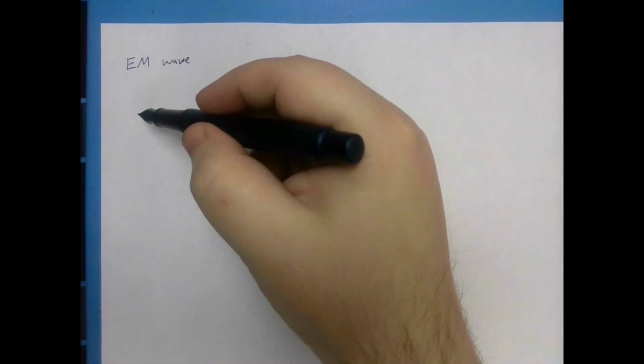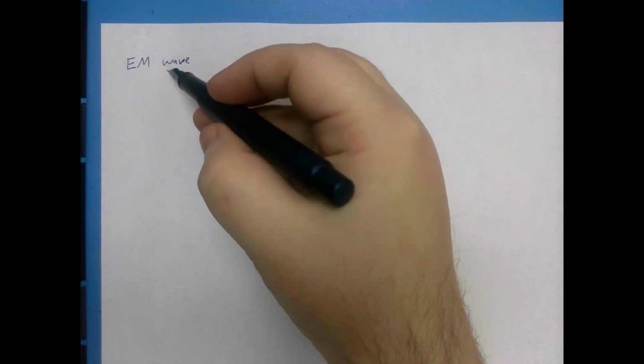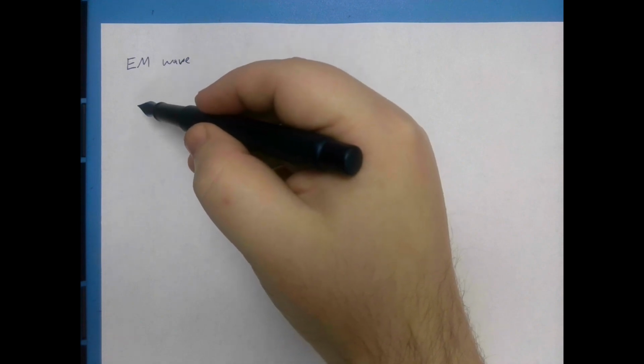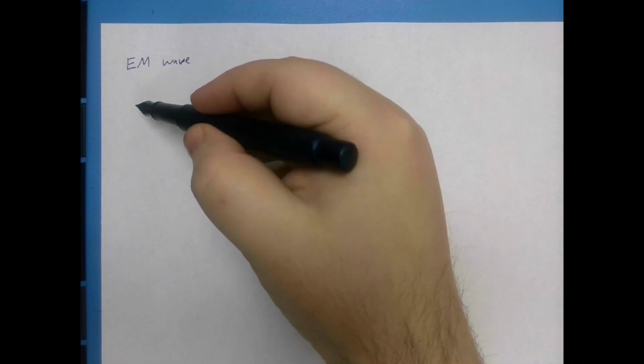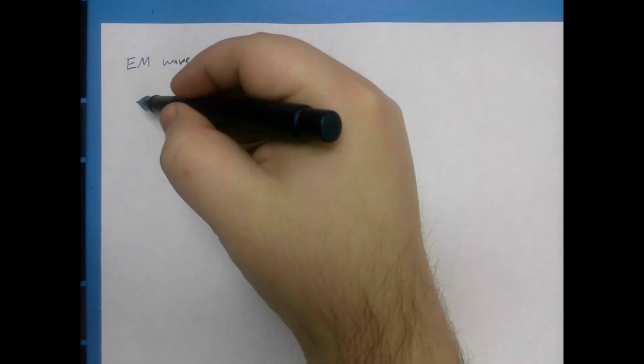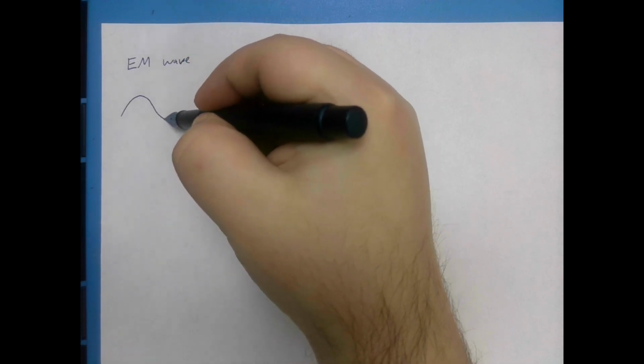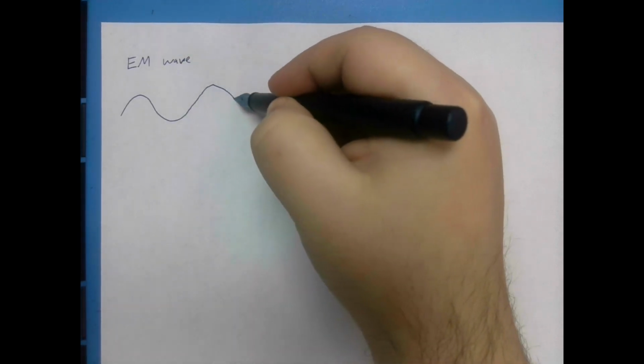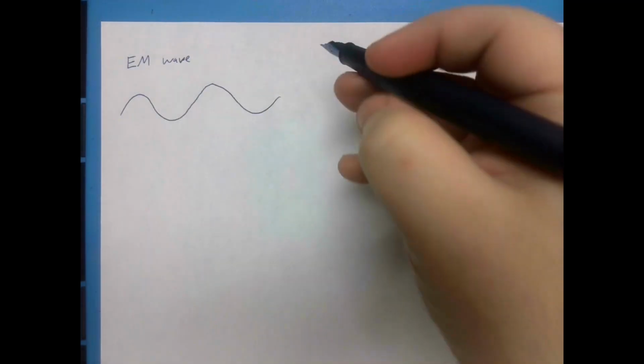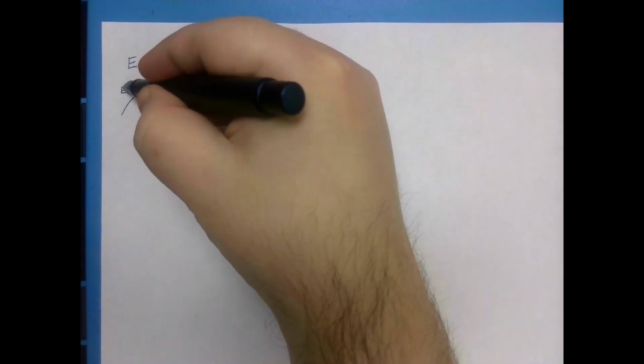So in physics we have the concept of fields. Our next unit is going to be over electrical and magnetic fields. We have basically an electric field. So it's just some imaginary field. We have this electrical field.